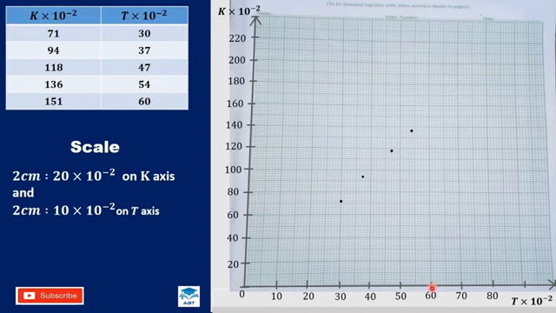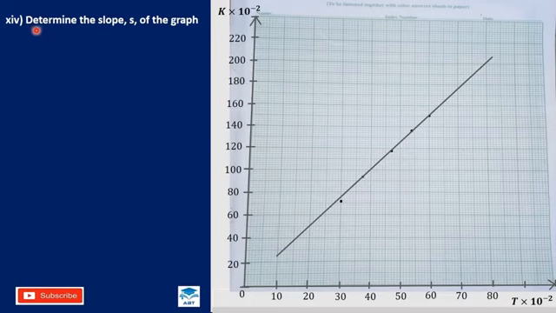This is 60 on the t-axis, 151 on the k-axis. This is 150, that's the middle of 140 and 160. So for 151, we'll move into the next box for the 1. And we draw the line of best fit, passing through as many points as possible.